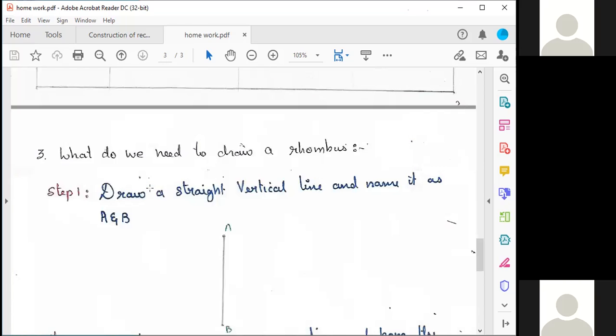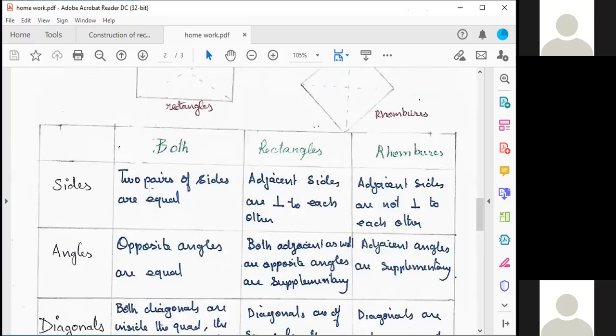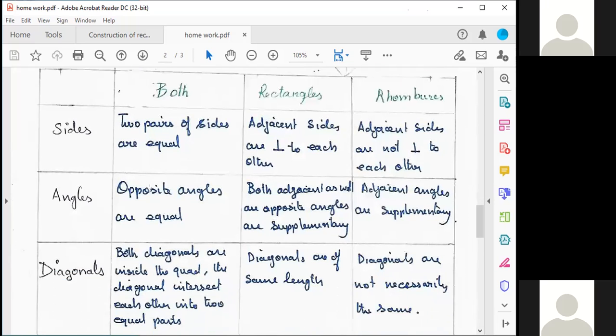See, let me see if there is a white space. No, that's okay. Let me just do the whiteboard.